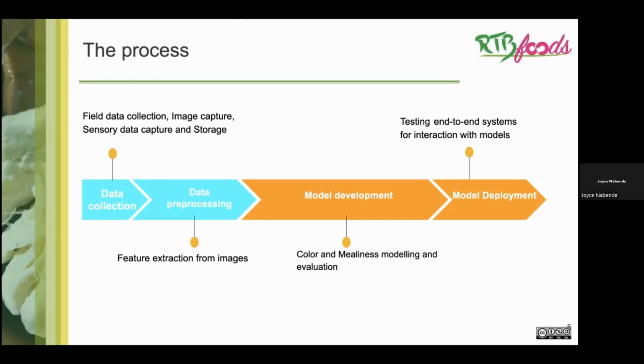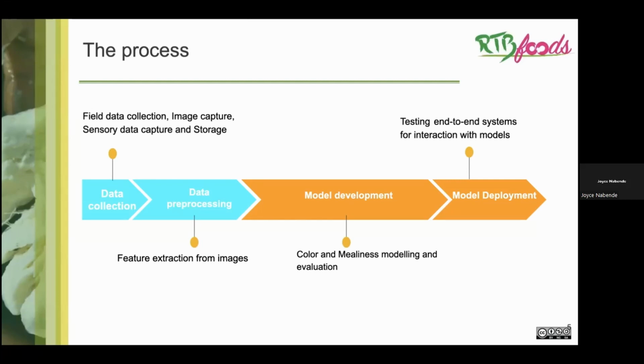We'll discuss several models and give you some results from the models that we have been able to use. As I said, it's good that the tools that we develop can actually be used by end users. And so we've also looked at model deployment, deploying the models in interfaces, and in the process of also testing these end-to-end systems with the different end users of the tools.